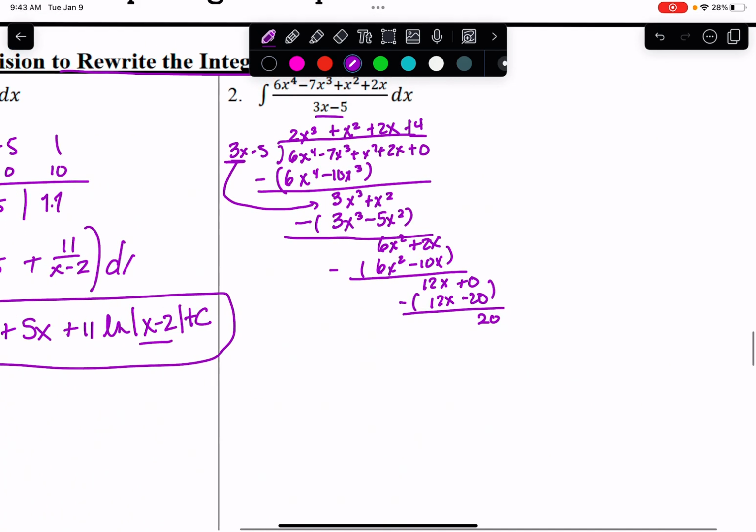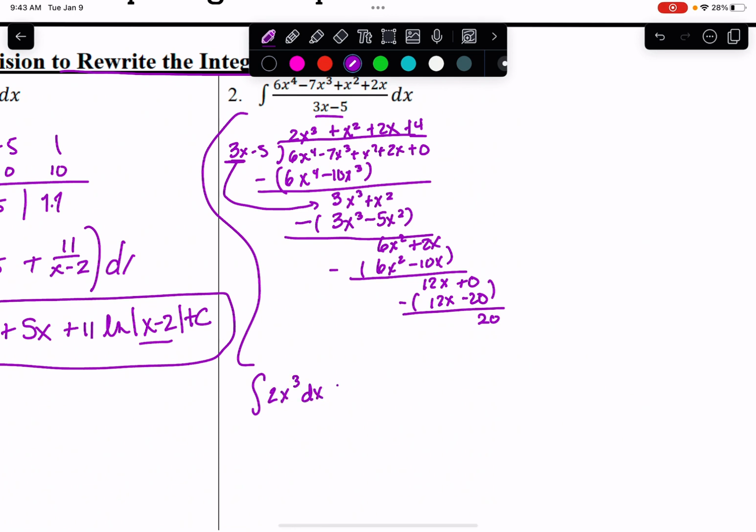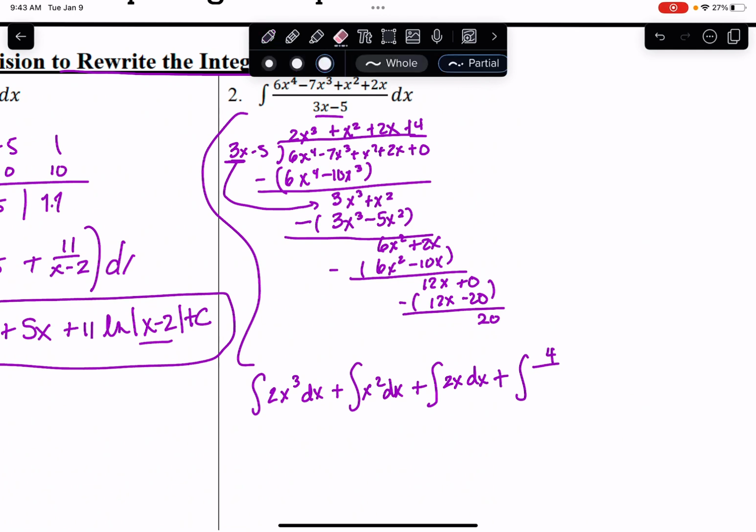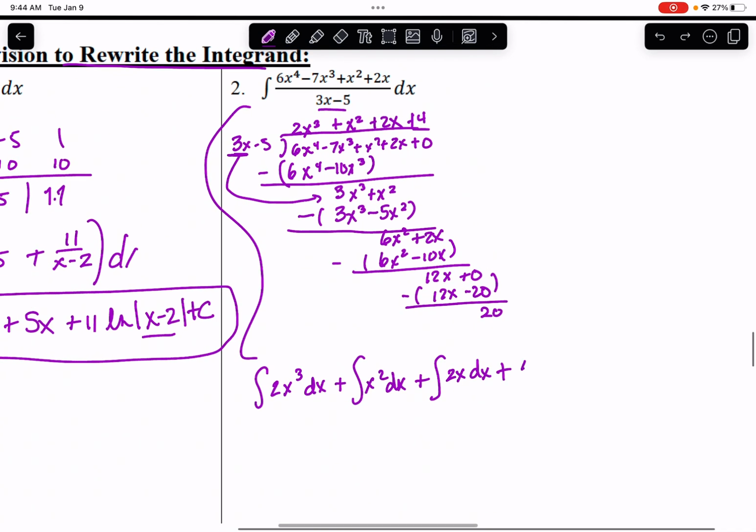All right, so our integral can be rewritten as the integral of 2x cubed dx plus the integral of x squared dx plus the integral of 2x dx plus the integral of 4 dx plus the integral of 20 over 3x minus 5 dx.